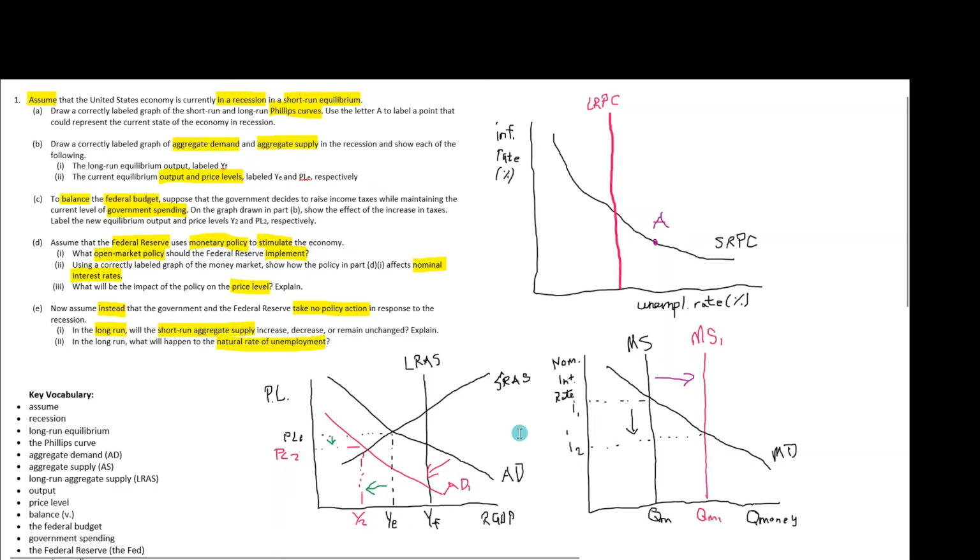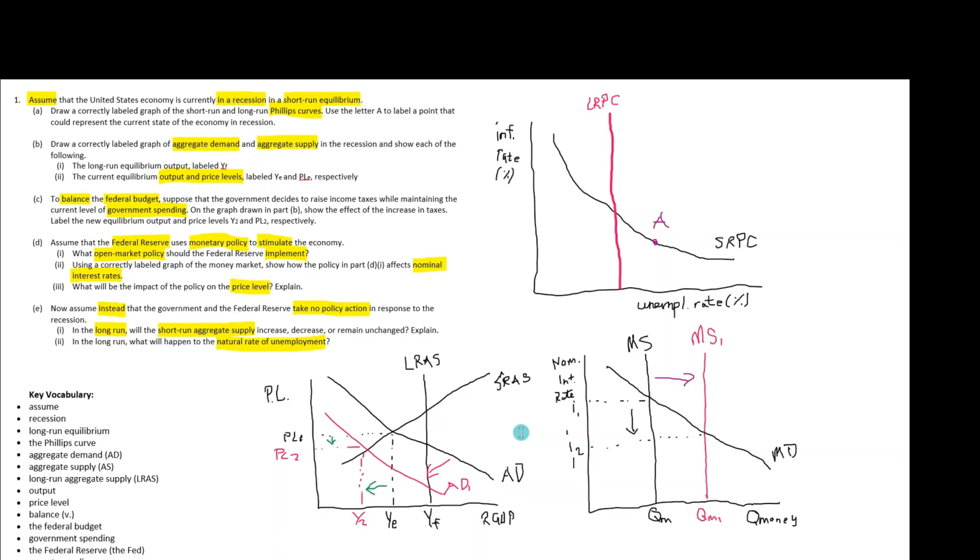The last part here, you don't have to draw anything. It asks us, if nothing is done, if there's no Federal Reserve intervention, there's no policy action, what's going to happen? So it asks what will happen to the short-run aggregate supply curve in the long run.